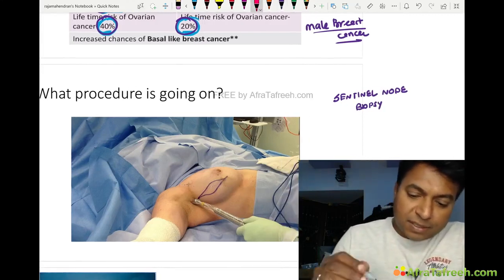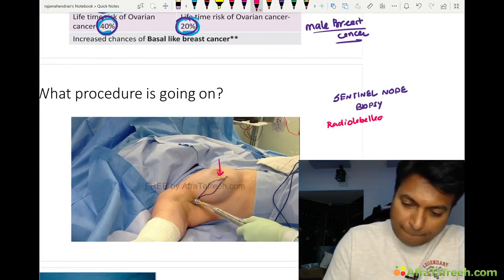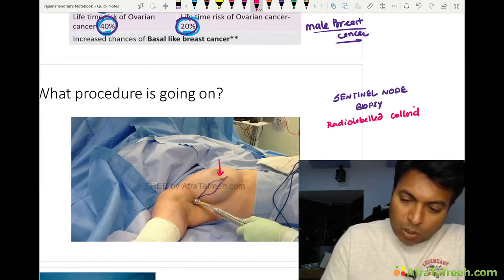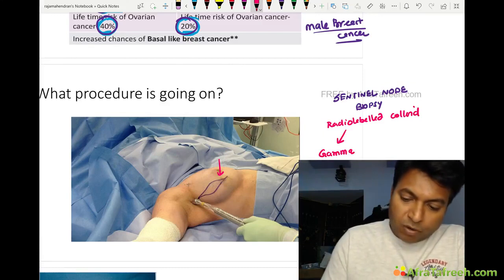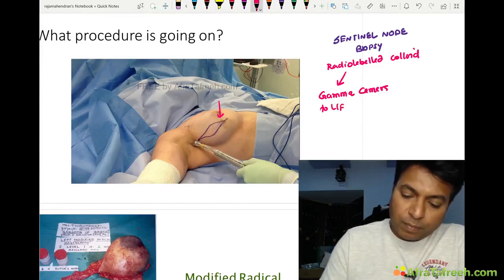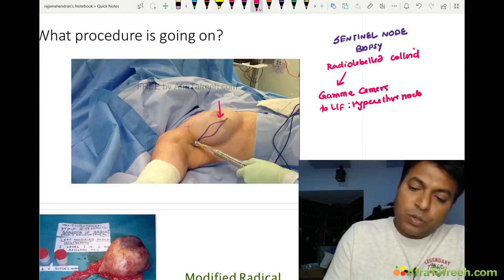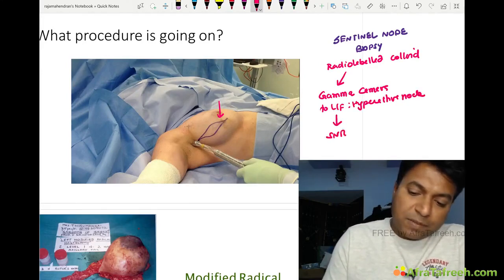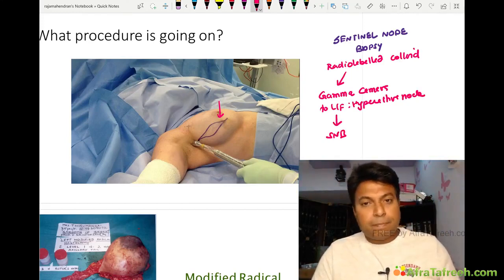In this picture, the surgeon has injected radio labeled colloid, and what he is holding in his hand is a gamma camera. He is looking for a hyperactive node. That hyperactive node will be taken up and sent for sentinel node biopsy.